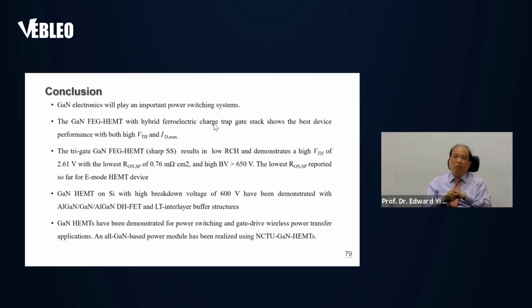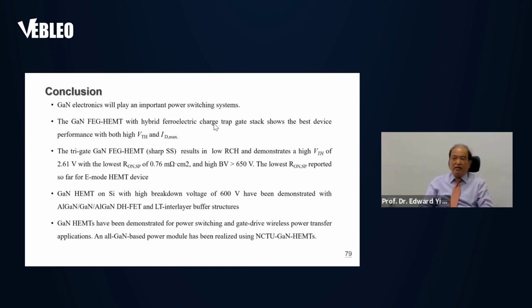So overall, gallium nitride could play a very important role, as I showed in many applications for power switching systems. And this highly ferroelectric charge gate is demonstrated for the first time in literature. This shows that this could be the best performance if you compare high voltage, current, and breakdown.